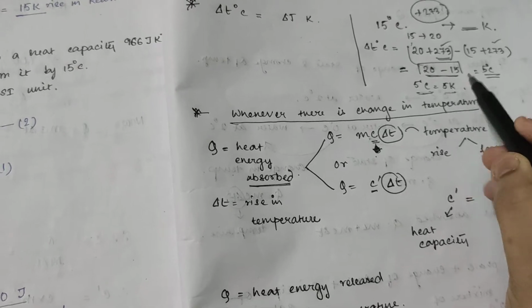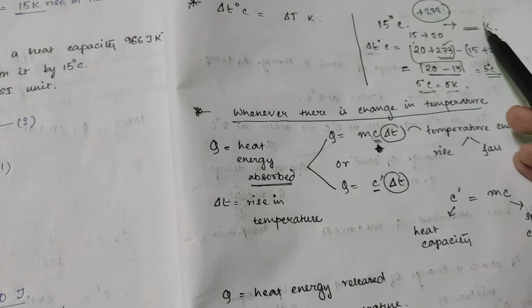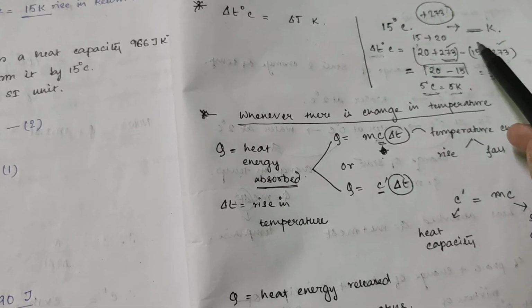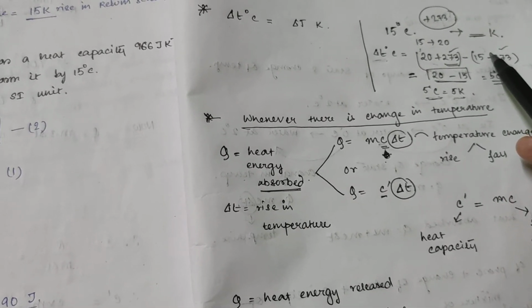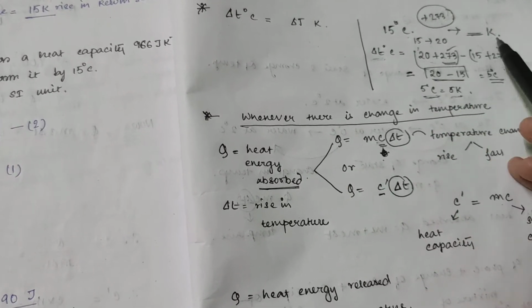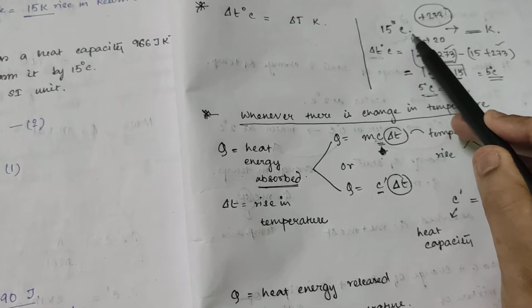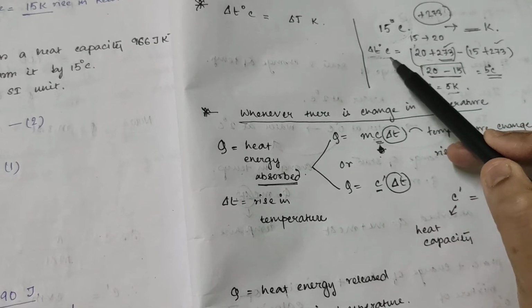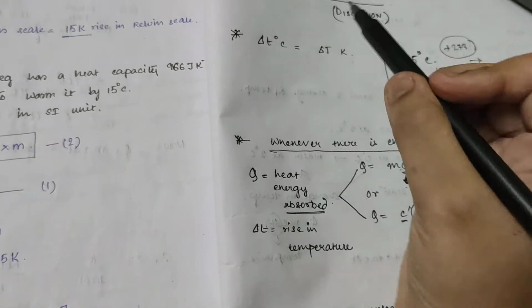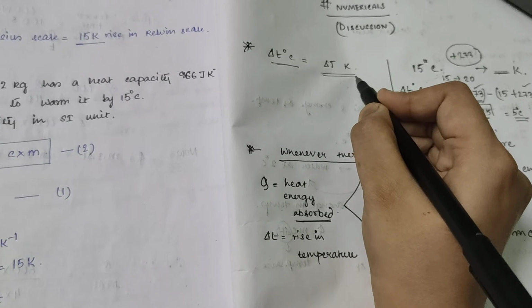Whatever is the temperature difference in Celsius scale, it will be the same in Kelvin scale because of the formula only. But suppose I ask you 15 degrees Celsius is how much in Kelvin scale, then plus 273. But 15 degree change in temperature is same in Celsius as well as Kelvin scale. So that's why we say delta T degree Celsius equal to delta T Kelvin.